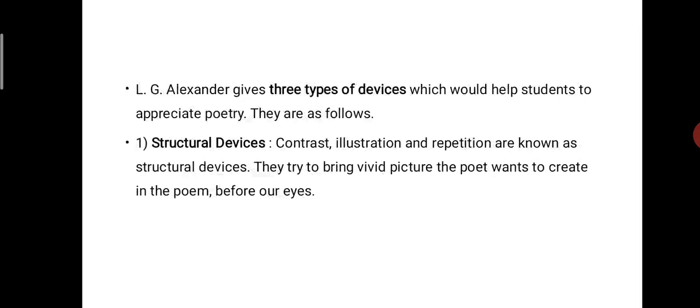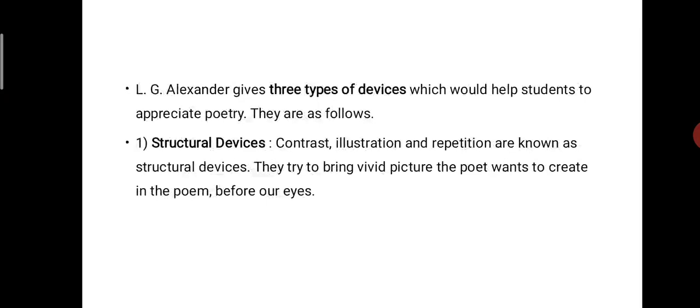Next is repetition. Poets often repeat single lines or whole stanzas at intervals to emphasize a particular idea. Such repetitions serve at least two purposes. They create musicality in the poem, and secondly, they draw our close attention to some core thought or main idea in the poem.